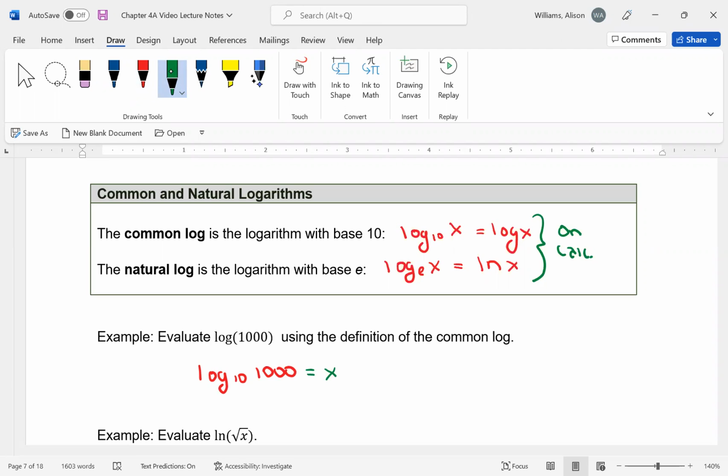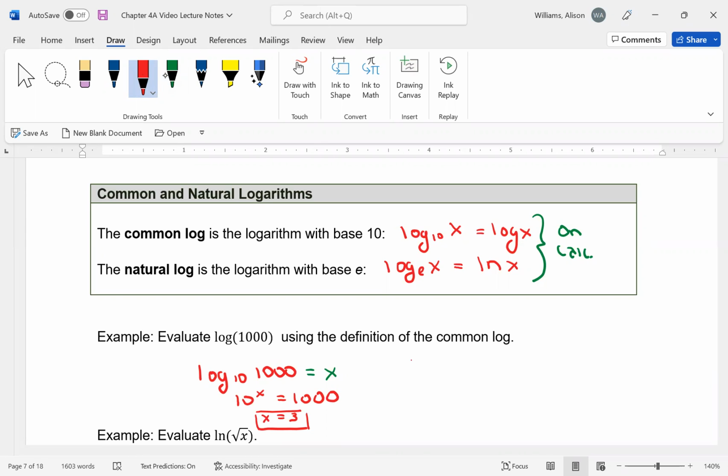And now I can change it to exponential form. So 10 to the x equals 1,000. So I've got to figure out, what do I have to raise 10 to equal 1,000? And the answer is 3.